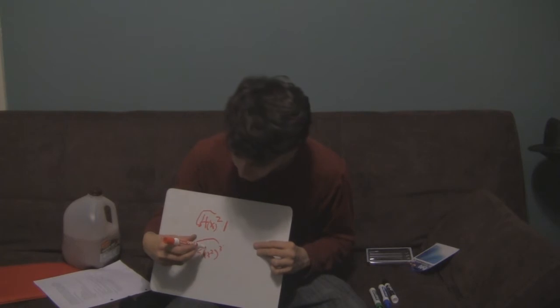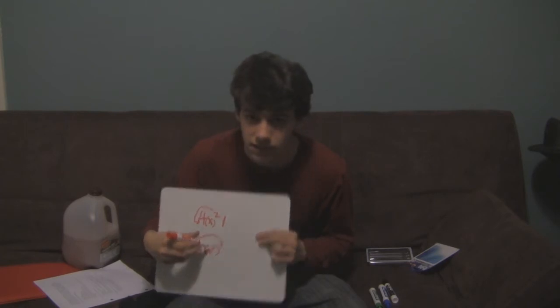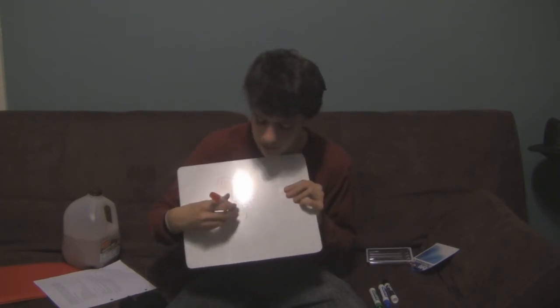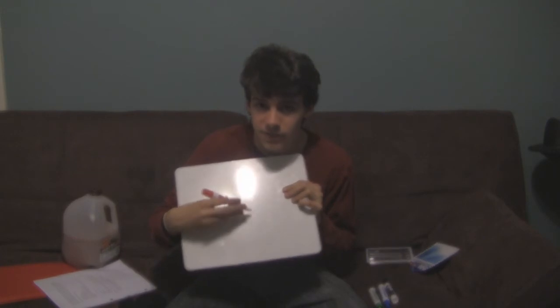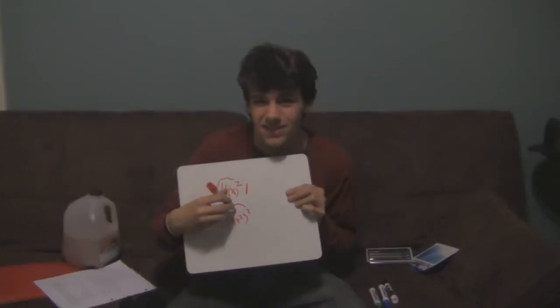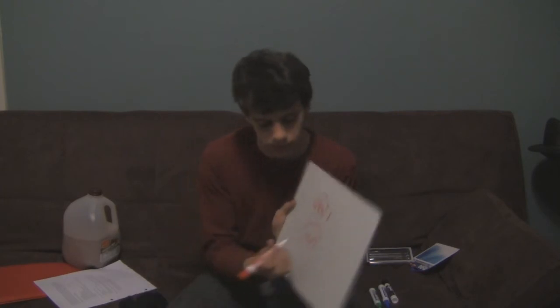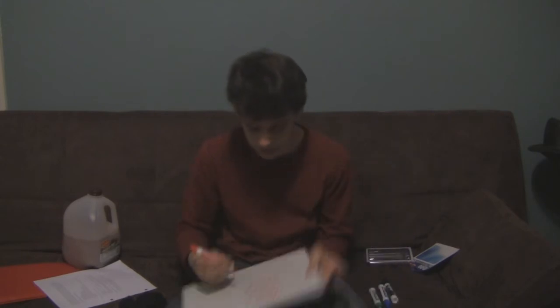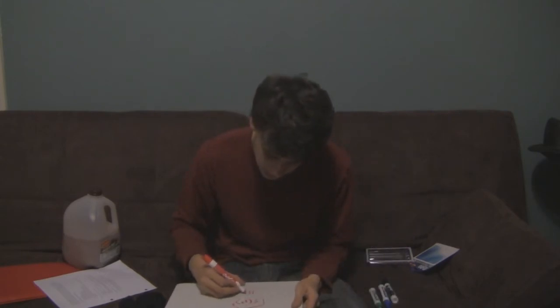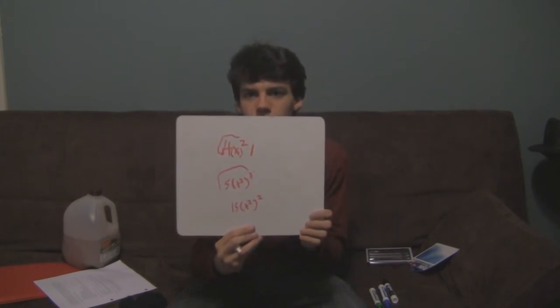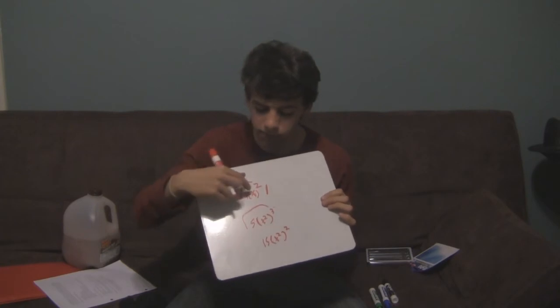Now, you just leave that there, leave this how it is, and then times it by the derivative of the inside, which would be 2x. So in the end, you bring down the 3, minus 1 from that, which gives you 15 x squared, squared, and then times 2x.